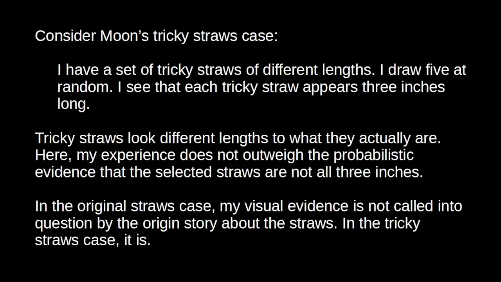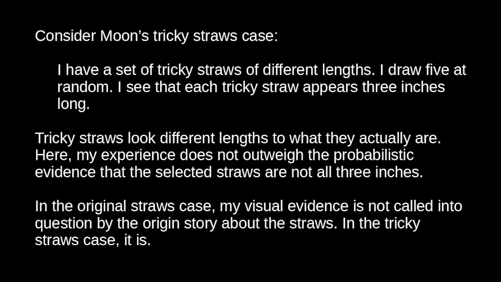The visual evidence stands, right? So I can trust that, and I can believe that the straws are all 3 inches long. In the tricky straws case, it's quite clear that the story about the origin of the straws calls into question my visual evidence. So the visual evidence no longer outweighs the probabilistic evidence.